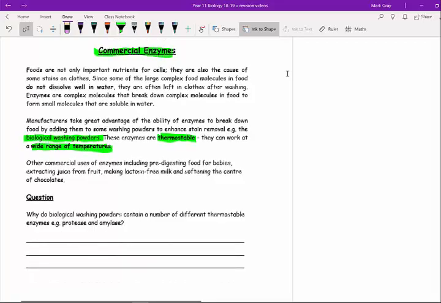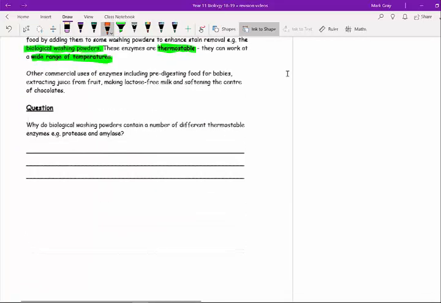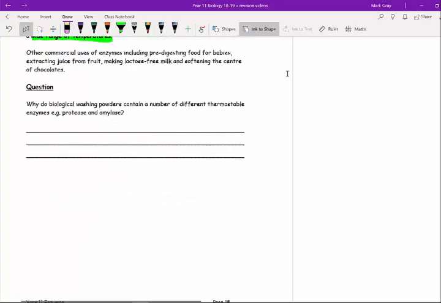Now, they put them in washing powder so that it can break down food stains. Why do they contain a different number of thermostable enzymes? So for example, why do washing powders contain protease and amylase? Again, enzymes are substrate specific, so they can only break down certain substrates.